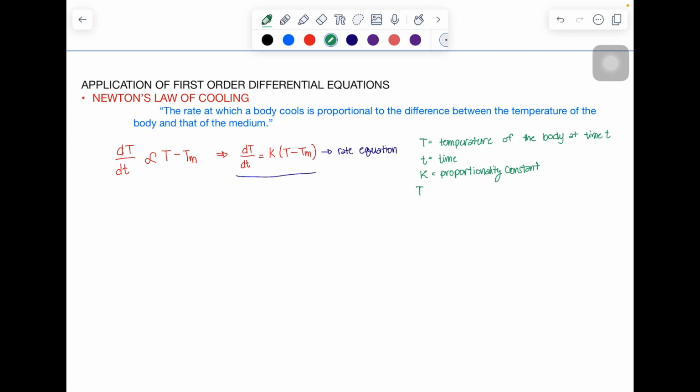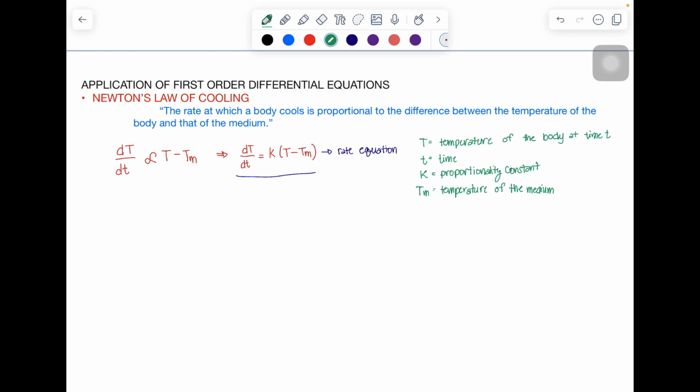And Tm is the temperature of the medium. When we say temperature of the medium, it is the temperature of the surrounding or the environment. So this is what an object is subjected to.